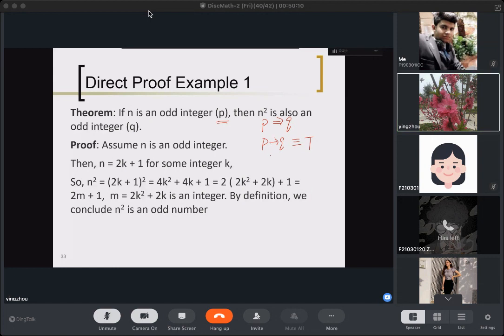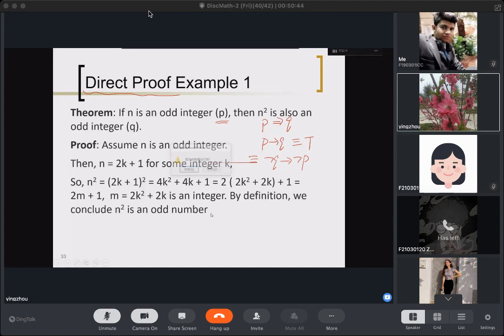That means we go from some P condition to Q. If we go from P to Q, it is the direct proof. And we also know P conditional Q is logically equivalent to not Q conditional not P. So it gives another way for your proof, that means the indirect proof. It gives the nature of this indirect proof.